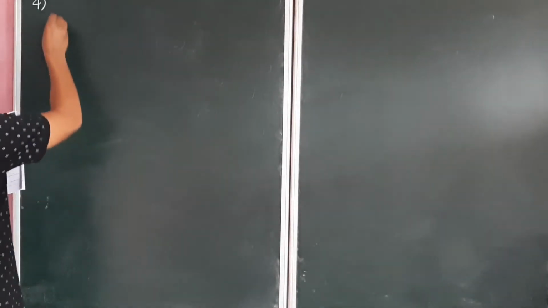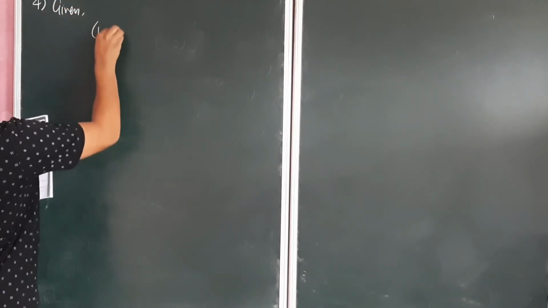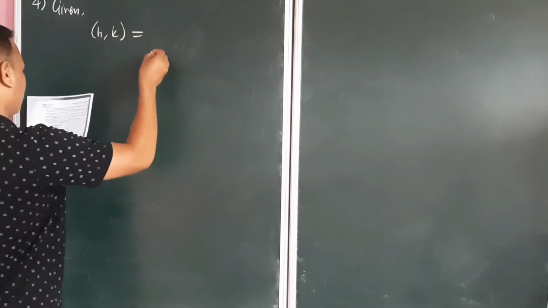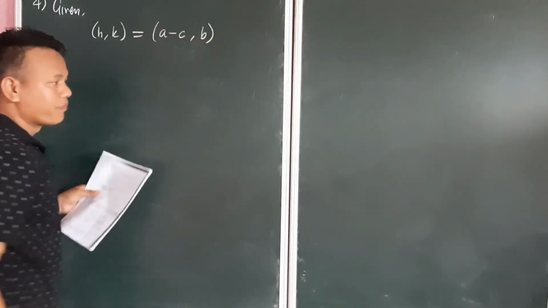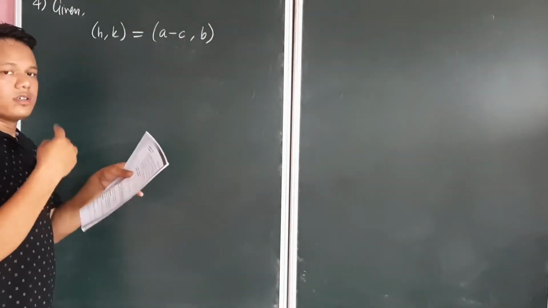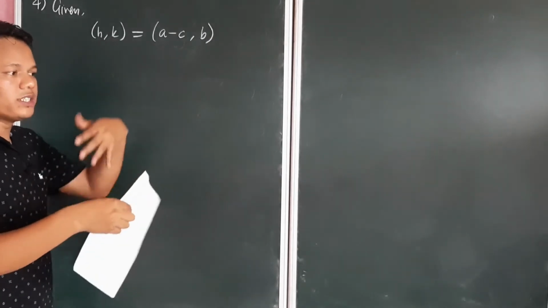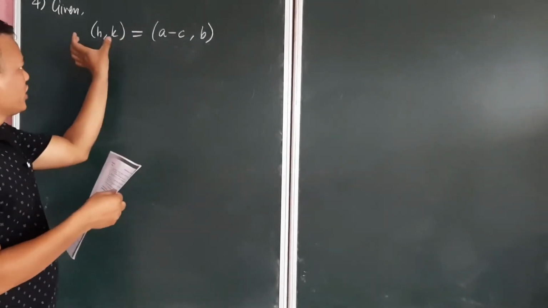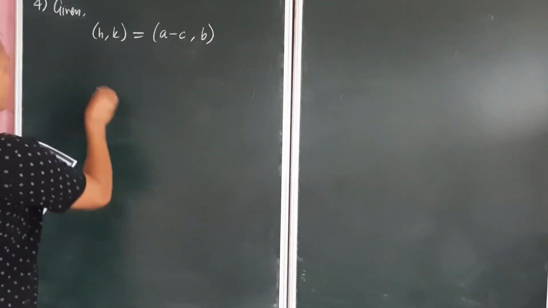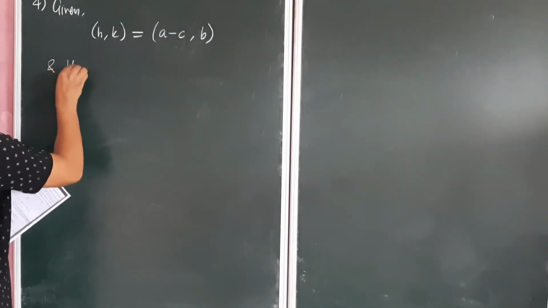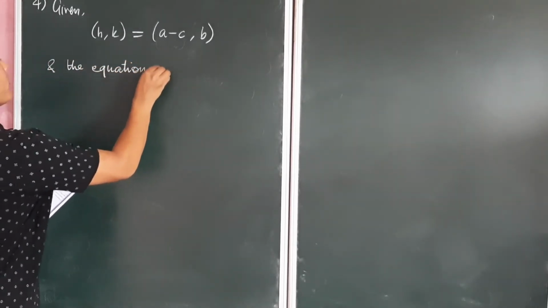So basically here, h, k is given to be equal to (a minus c, b). And there is an equation given to you, and this equation is also changing into another equation when you change this point into the new origin.